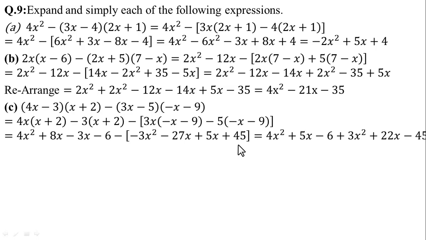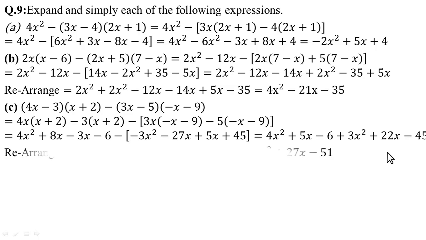Now opening the brackets, the negative sign changes all the signs in the square bracket. So 8x minus 3x is 5x, minus 6, plus 3x square, plus 27x, minus 5x is 22x, plus 45.